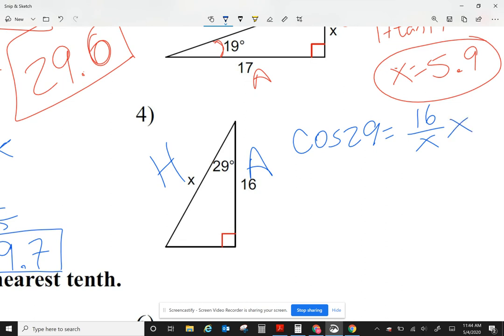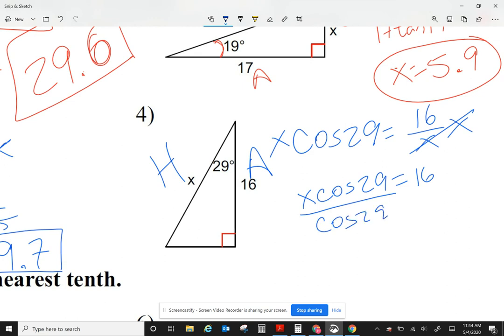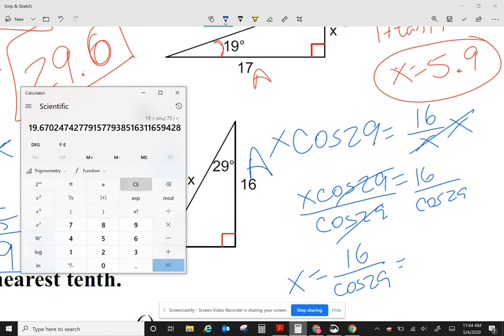Let me multiply both sides by x to get rid of the fractions. So I have that x times cosine of 29 is equal to 16. Now let me divide by cosine of 29. So x is equal to 16 divided by cosine of 29. Let me figure out what that is.